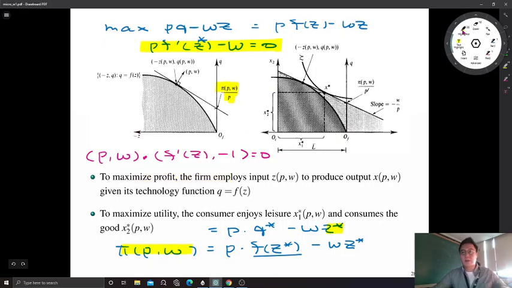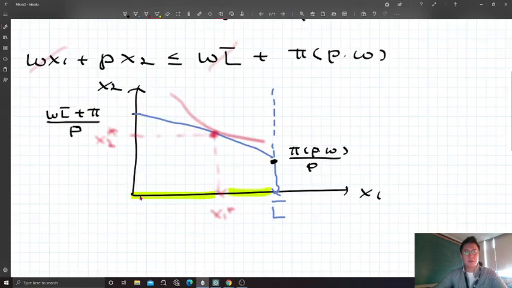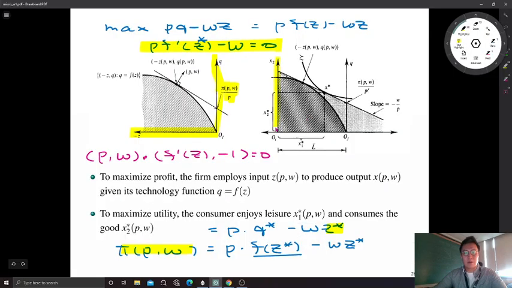For the firm's problem, the axis was this. That was right here, and for the consumer's problem, the axis was right here. And then the axes in this figure are these two. So we combine these two to the extent that the length of the box is the same as the total hours for the consumer, L bar.